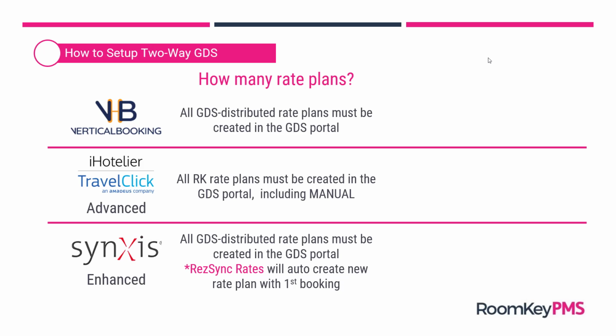So what this means is that when you create all of your GDS distributed rates in your SynXis GDS portal, if you have a rate that is created in RoomKey but not SynXis, and you make a reservation, that rate plan will now appear inside SynXis due to the ResSync Rates feature.